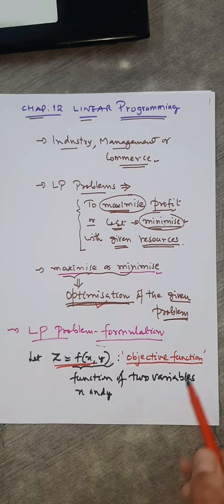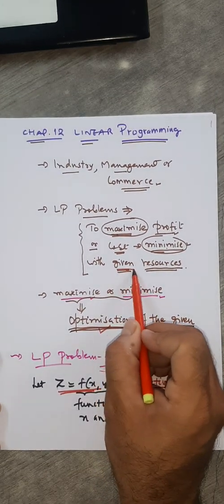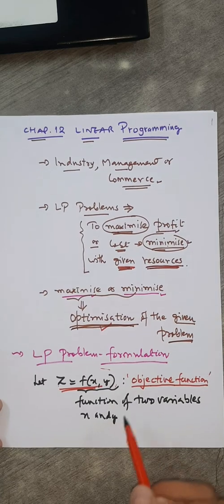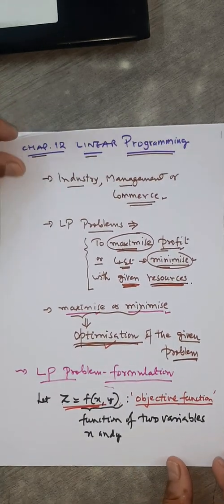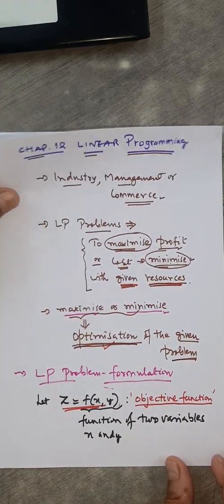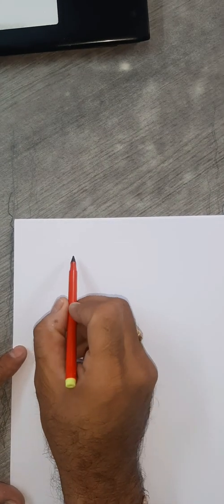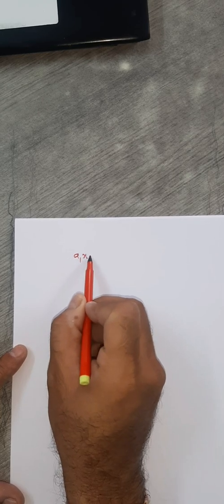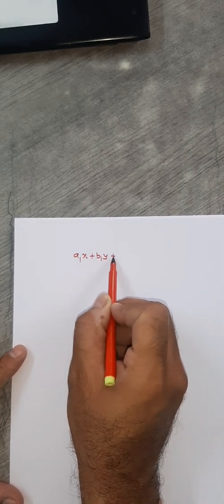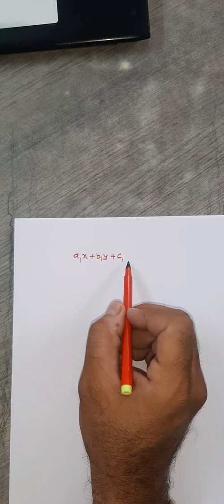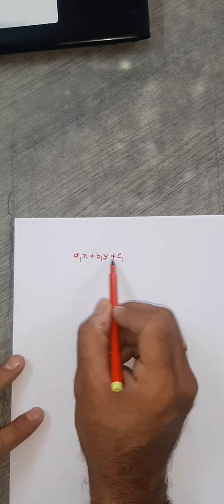Now here the maximization or minimization is always under certain resources, that is, under certain conditions. So here conditions will be given to you in terms of two variables which are linear inequalities, if you remember. So we'll be having linear inequalities in two variables. Let me state those inequalities in general here. I'll write one linear inequality, a1x plus b1y plus c1, in two variables.